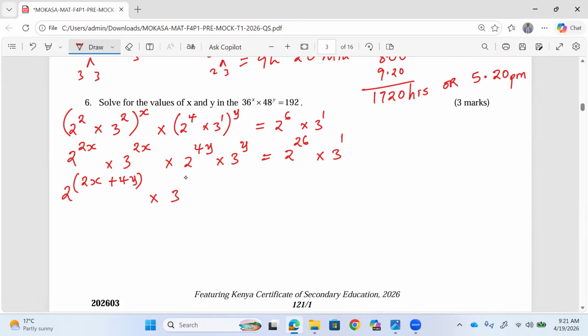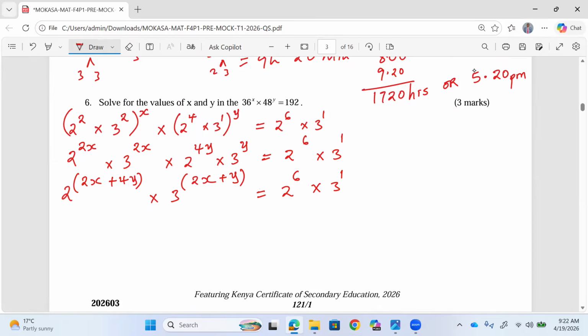multiplied by 3 power 2x plus y, because this is 3 power 2x and 3 here is power y, and they have been multiplied, common bases. This is equal to 2 power 6 and 3 is power 1. You see that?